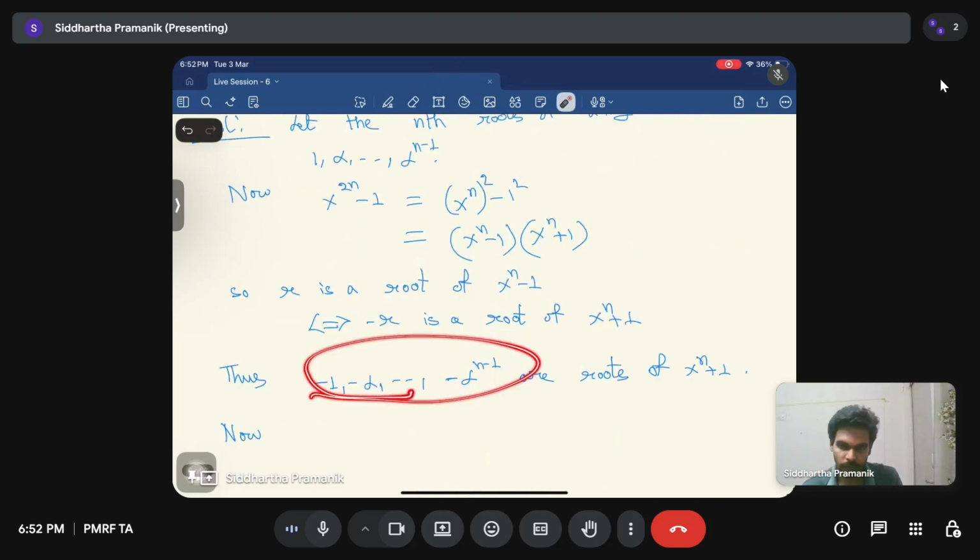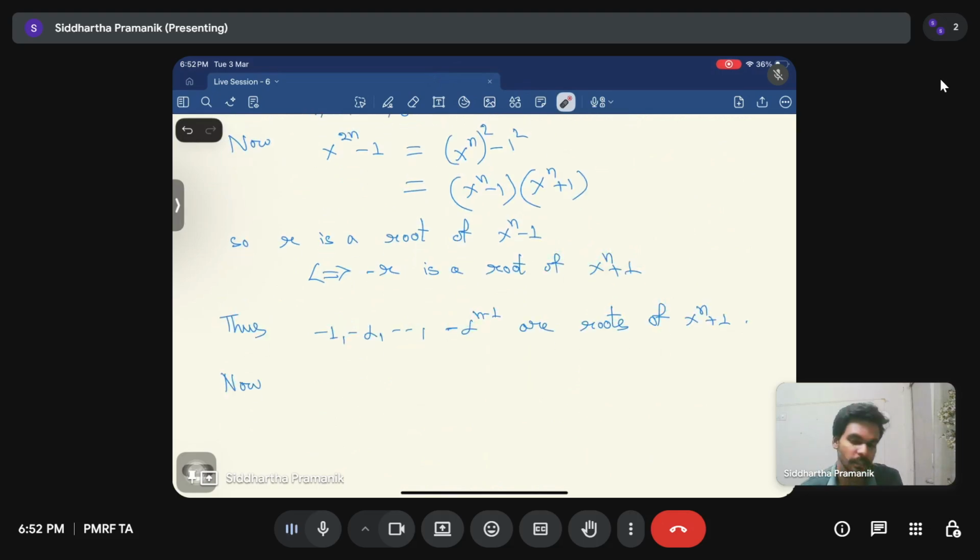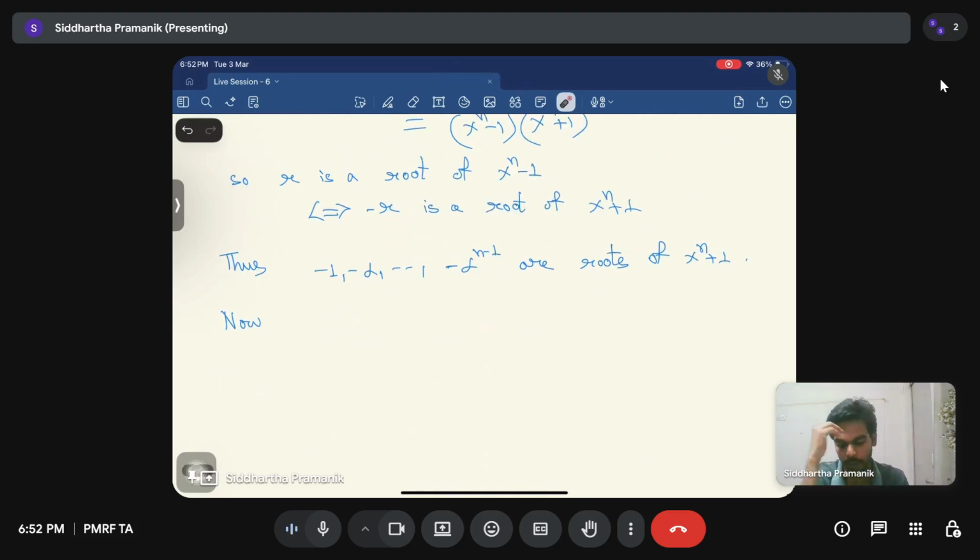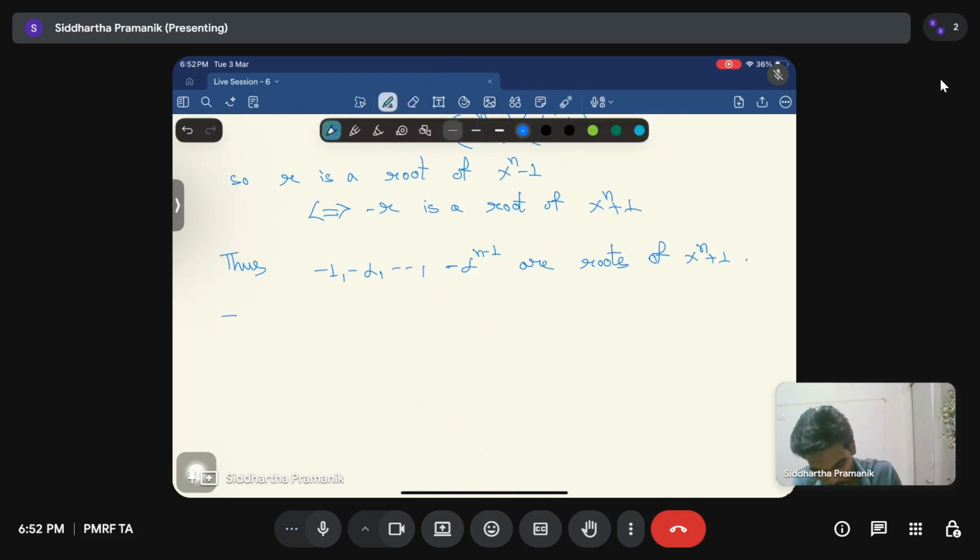These n elements themselves are distinct, but what about their intersection? Can they coincide? The fact is they cannot coincide. Let me write this down, then I will give the justification. Therefore plus minus 1, plus minus alpha, dot dot, plus minus alpha power n minus 1 are all the 2nth roots of unity, and they are all in F.